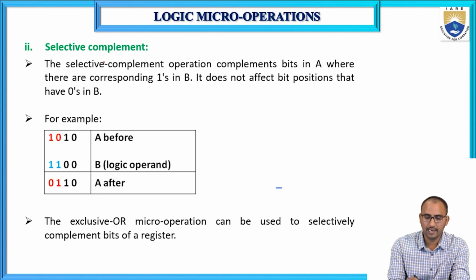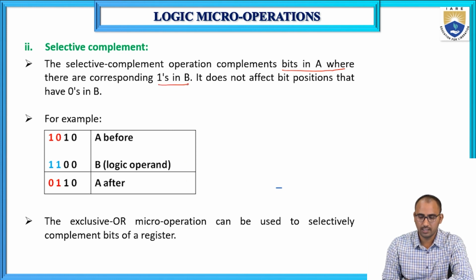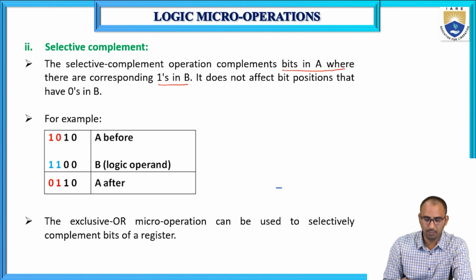Next one, selective complement. The selective complement operation complements bits in A where there are corresponding ones in the B register. We can understand it with an example. See the B register. Where are the ones?